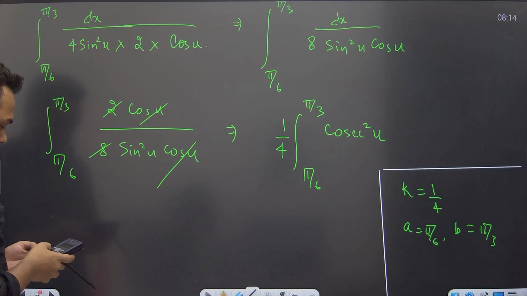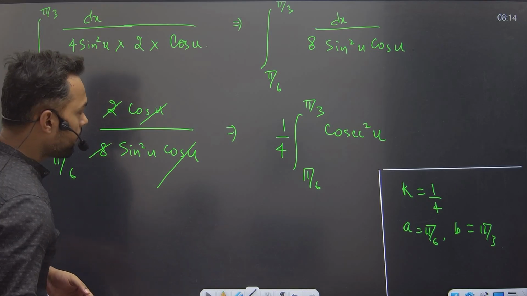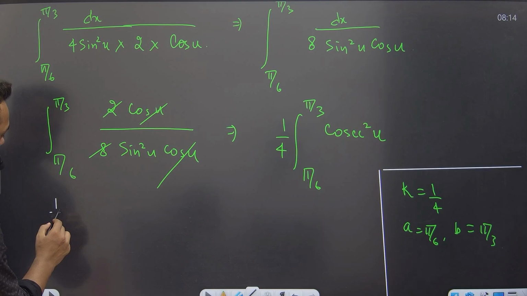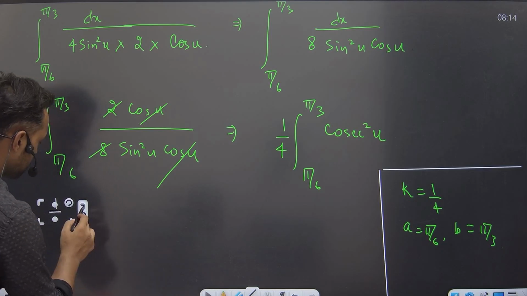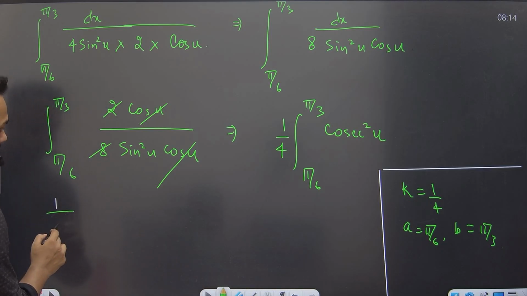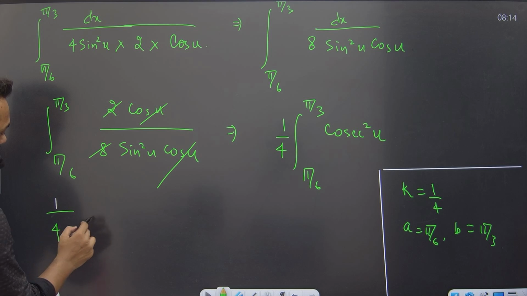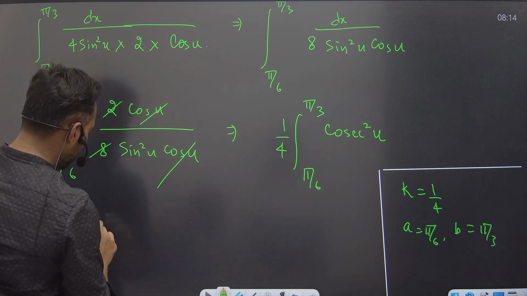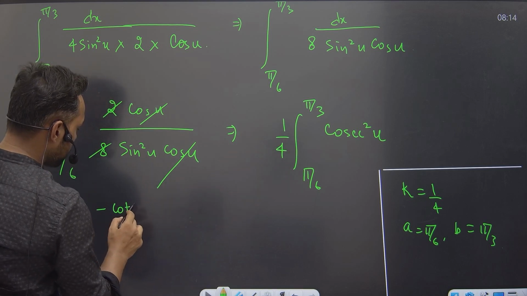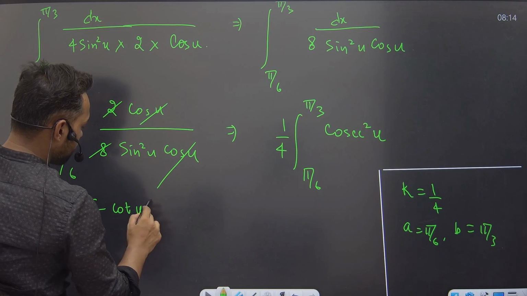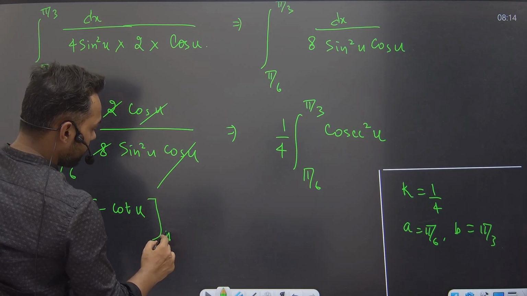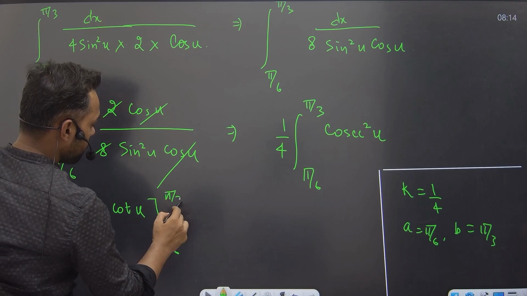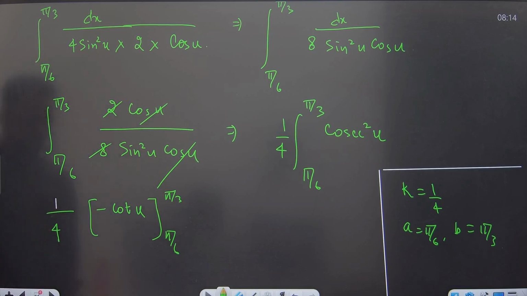So it will be 1 by 4 times the integration of cosec square u, which is negative cot u from pi by 6 to pi by 3. We just need to plug in the lower and upper limits.